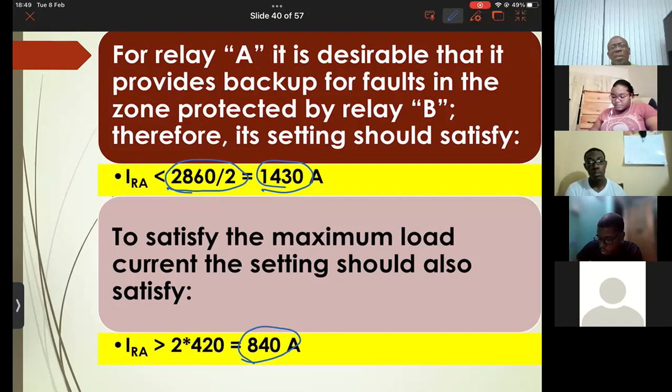Now, based on the settings that I have there, what would then be the maximum that I can get in terms of the relay setting current? Look at what we have just calculated. But you also are now restricted by what the relays are able to operate at.